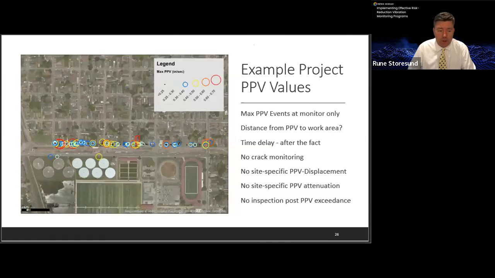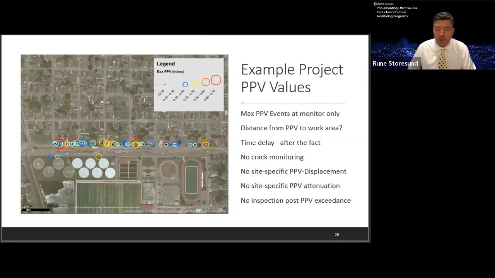So if we take these readings that were recorded at the vibration monitoring location and plot them, we get something that looks like this figure on the left. The recorded values are what the instrument felt, not necessarily the adjacent structures. This approach to vibration monitoring generates a lot of uncertainty. What was the maximum PPV that the adjacent structures were exposed to?